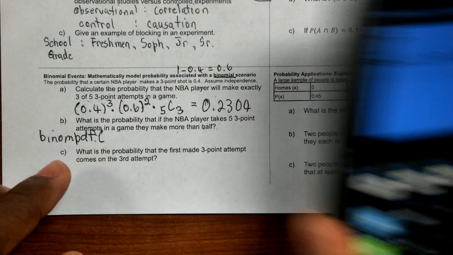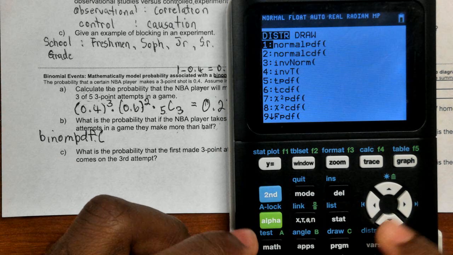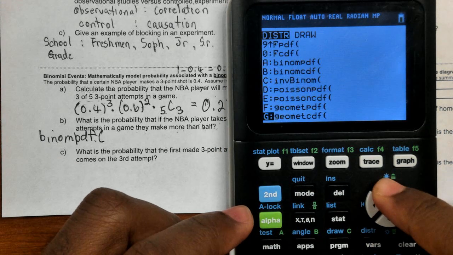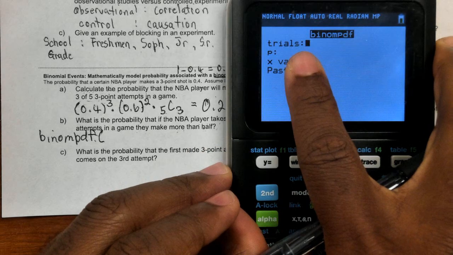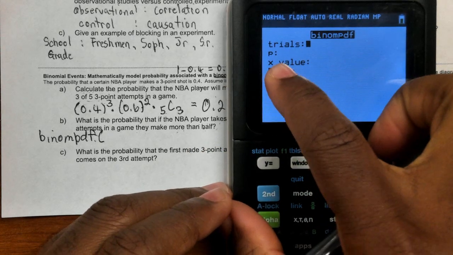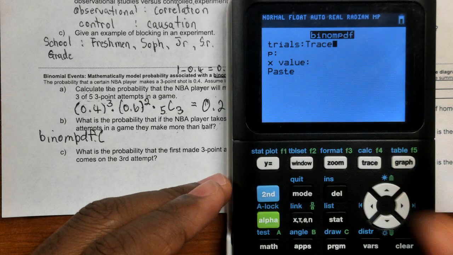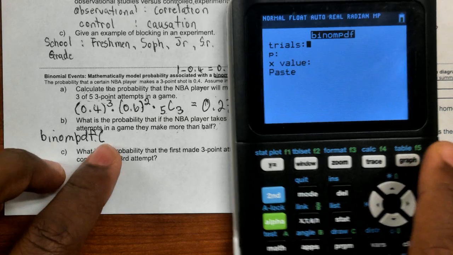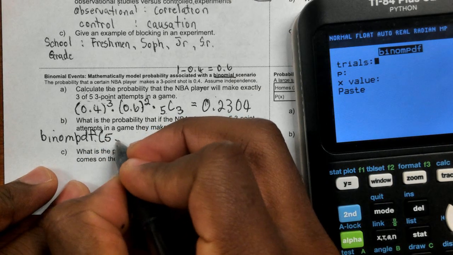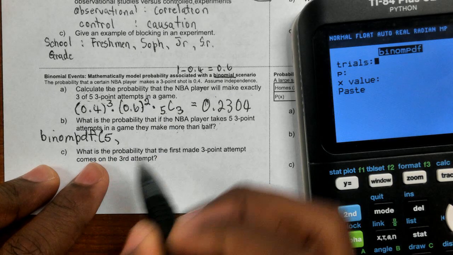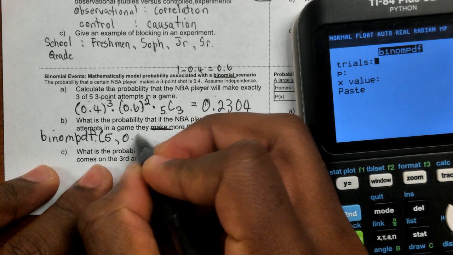When you're doing binom PDF, you need to remember the parameters. To get binom PDF, you do second function vars, and then you go to binom PDF. You need to take into consideration your trials, your probability of success, and the X value you're evaluating it for. In this case, we're shooting it 5 times, and the probability that they make it is 0.4.